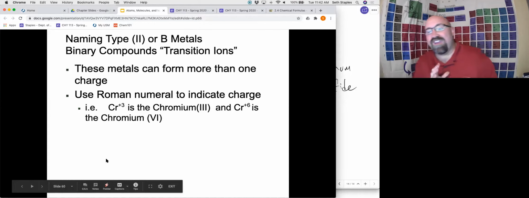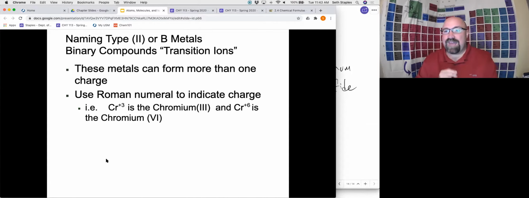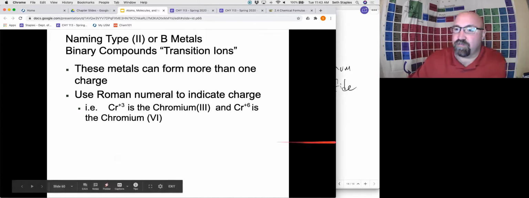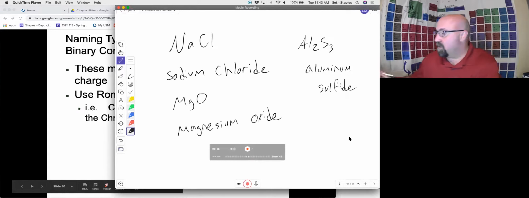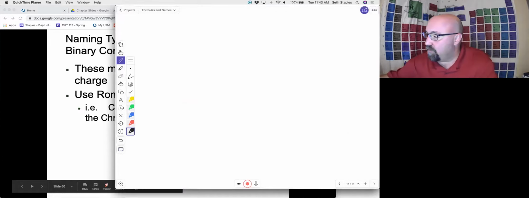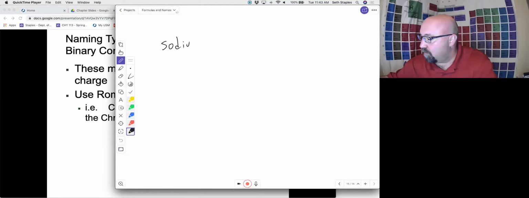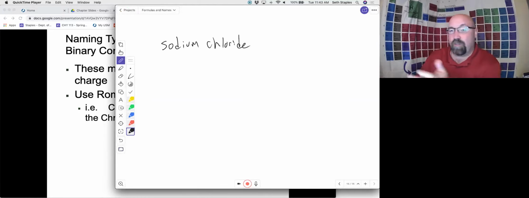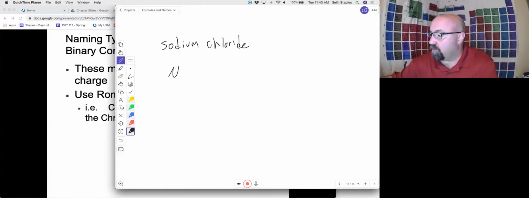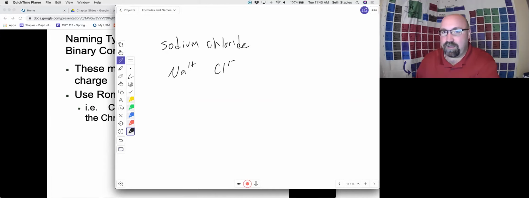When it comes to our transition metals, now is when we need to add a little bit more into the name. If I was to give you the name, if I was just to tell you the name sodium chloride, then okay, we look for sodium on the periodic table. We know that sodium is a 1+. We look at chlorine on the periodic table. We know that chlorine has to be a 1-. And so we're going to come up with our formula of NaCl.